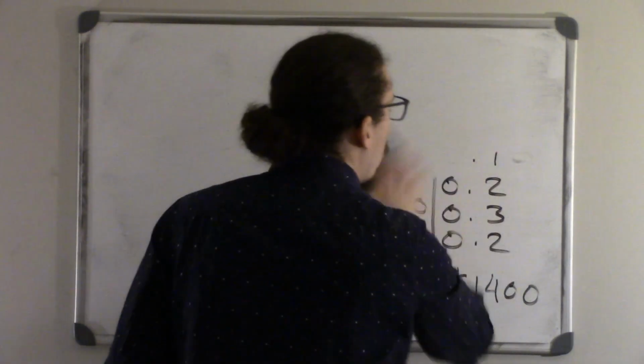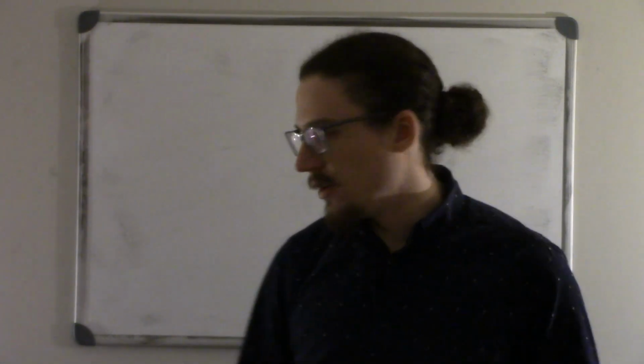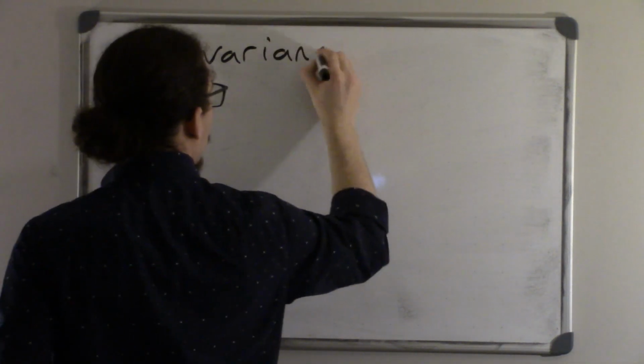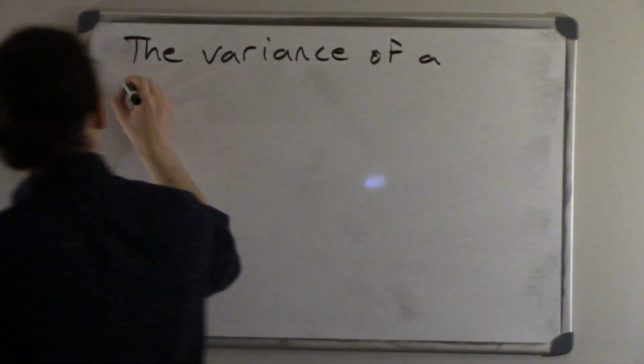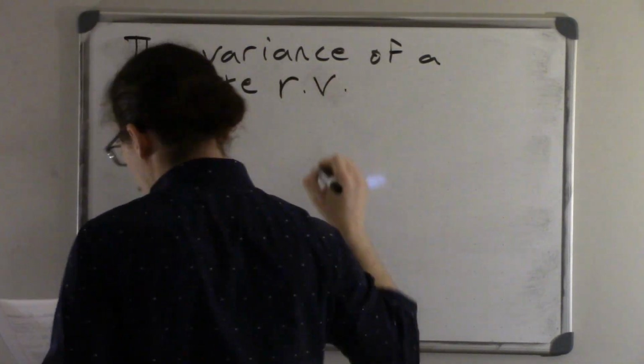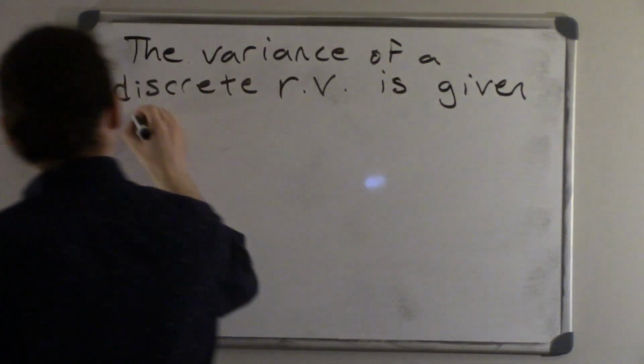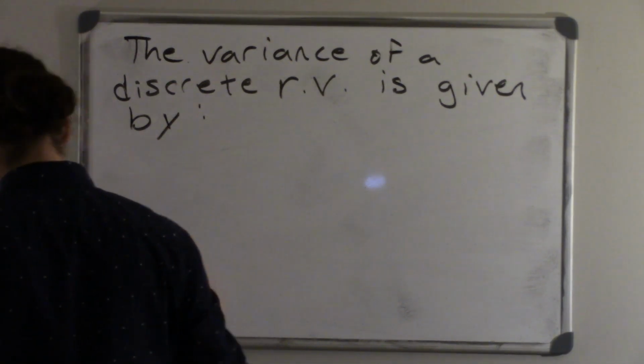So when we are trying to figure out how consistent our profits are going to be, what we are going to look at is the variance. The variance of a discrete random variable is given by the following formula.